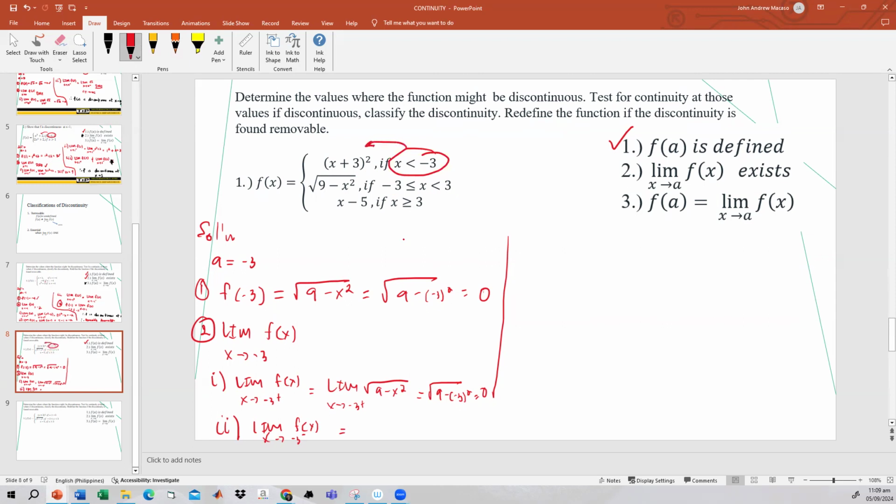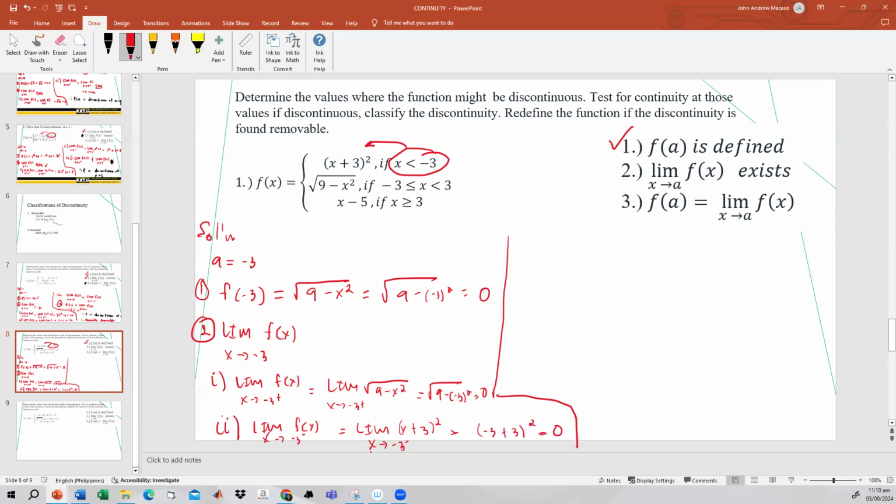So we'll use this function for the left side limit: limit of x plus 3, then squared, as x approaches -3 from the left. What will happen here is you just need to substitute it directly. So that's -3 plus 3, then squared. So this will become, of course, 0.